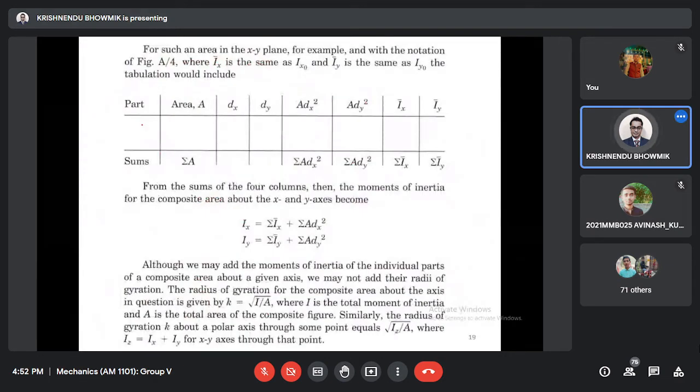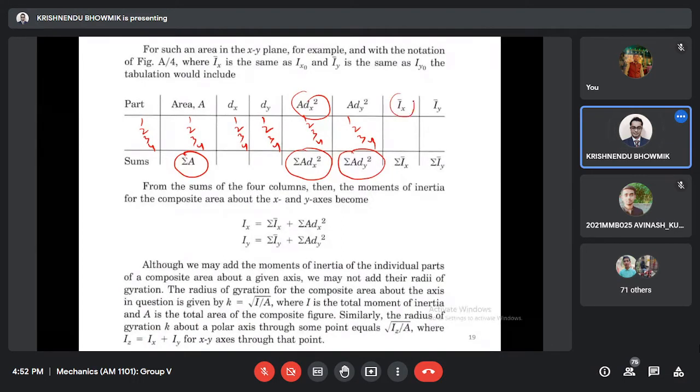Say I have 1, 2, 3, 4 different parts. 1, 2, 3, 4, this is the delta A. 1, 2, 3, 4 dx. 1, 2, 3, 4 dy. 1, 2, 3, 4 A dx square, summation A dx square. 1, 2, 3, 4 summation A dy square.